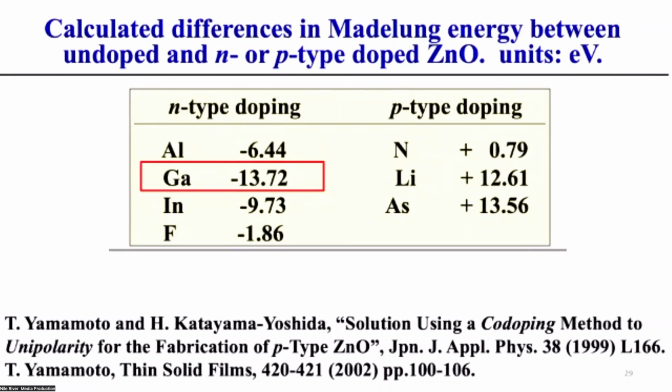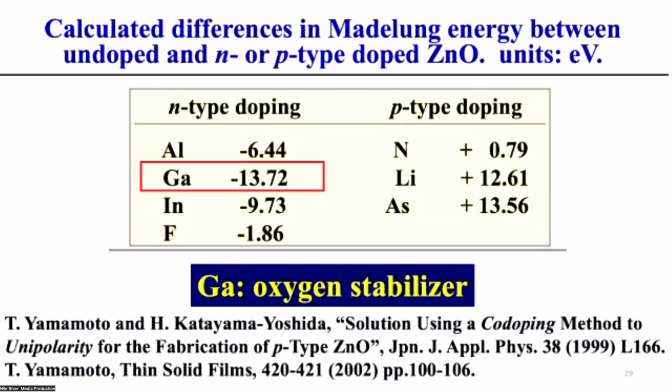On the other hand, okay, n-type doping of aluminum, gallium, and chlorine, okay, you find a distinct decrease in the Madelung lattice energy. And then the n-type doping makes very stable thin films, especially gallium elements will play a critical role as an oxygen stabilizer in the n-type doped films.